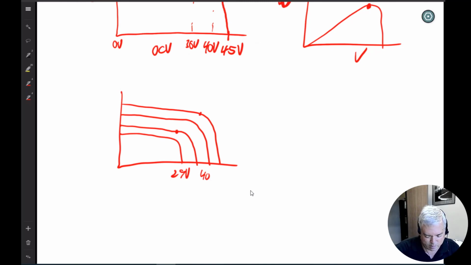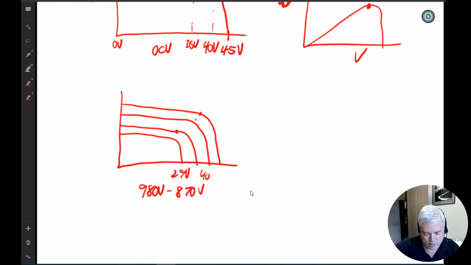So what we're really talking about is varying the string from 980 volts to 870 volts, like that. And because of the way the strings work, the voltage is cumulative off the module, and that's how it works, by varying the string voltage.